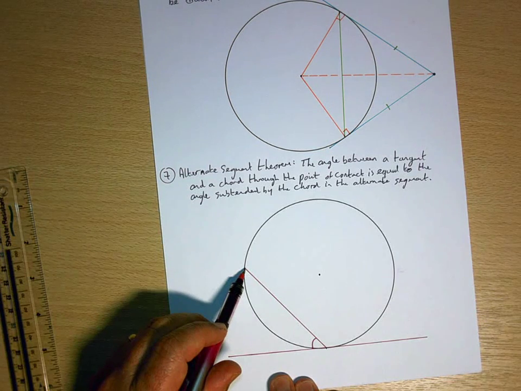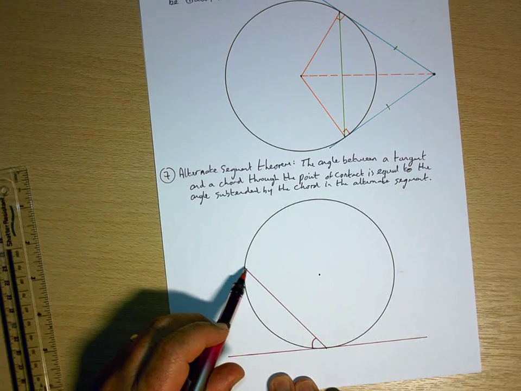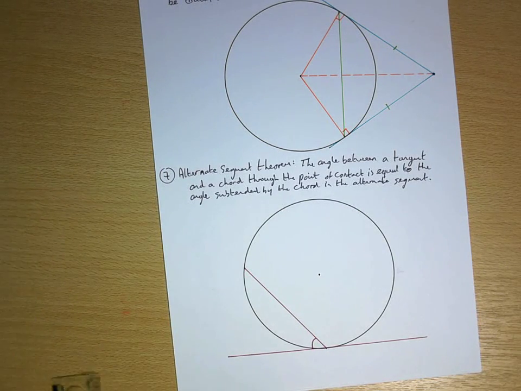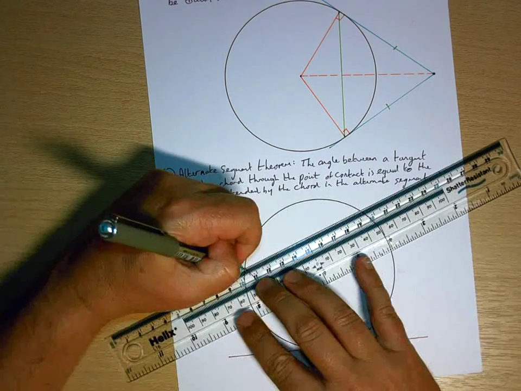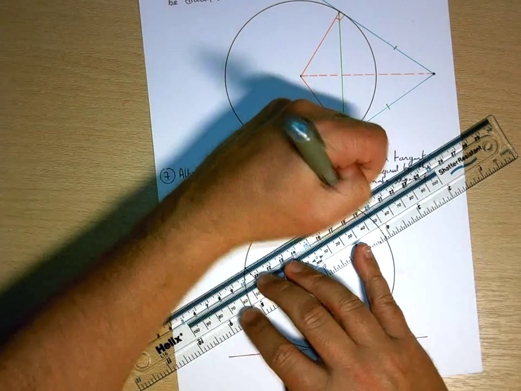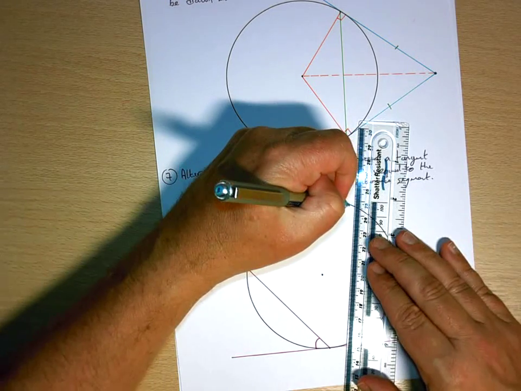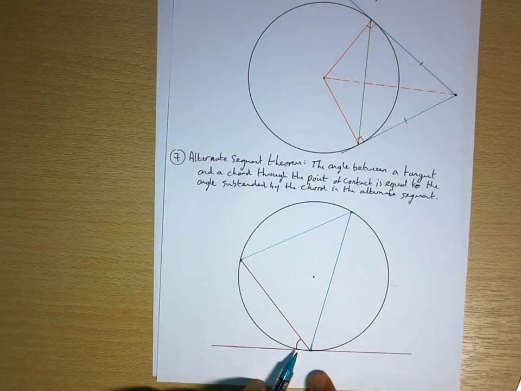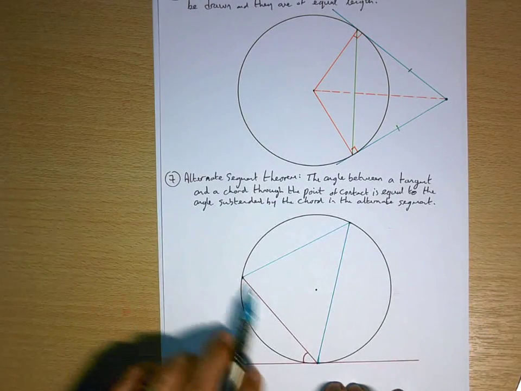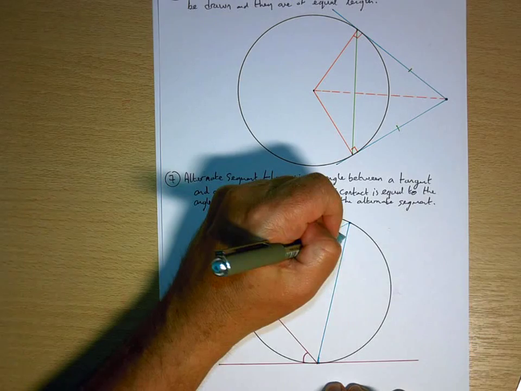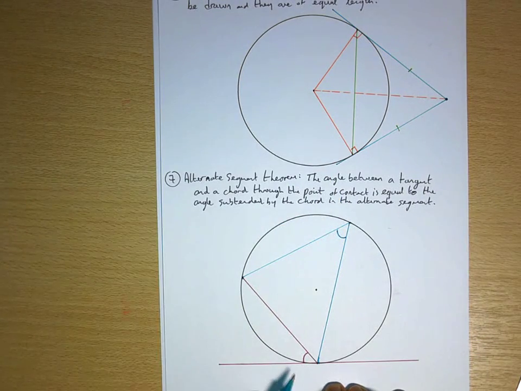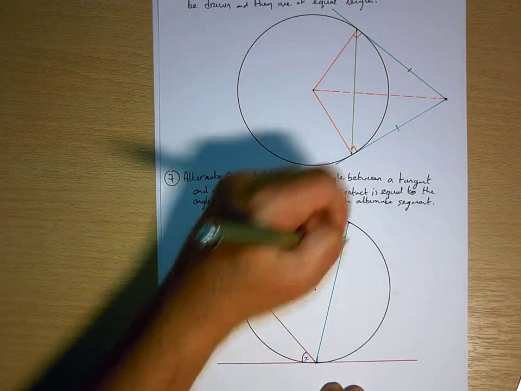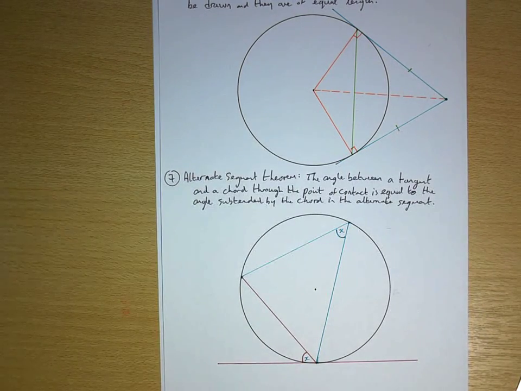If I fire this point anywhere onto that circumference and back again, doesn't matter where, up there and back to that point, that angle is equal to the angle subtended by the chord in the alternate segment. So that is equal to that. So if that is x, that is also x in there.